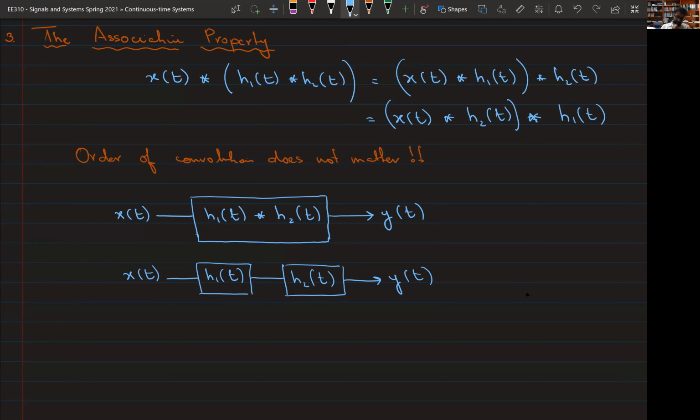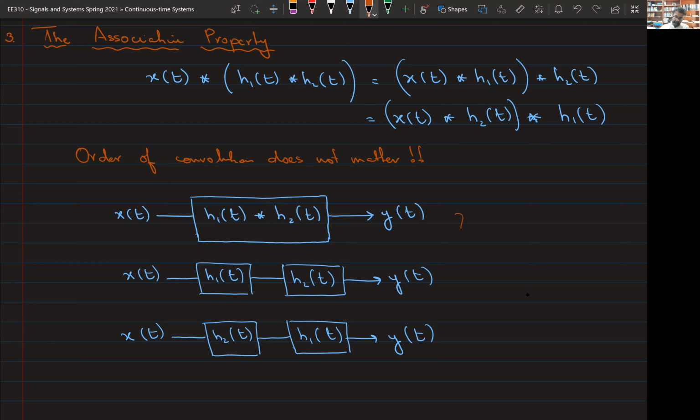And if I look at the third equation, that just means, I'm going to give you the answer here, this is h2 of t. I will have it first, and the output then goes into a box which has an impulse response h1. And the output is going to be y of t, right?